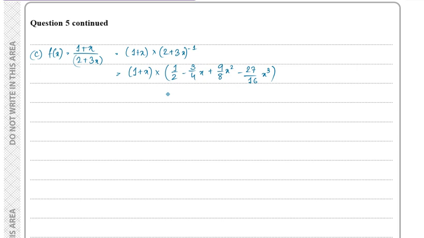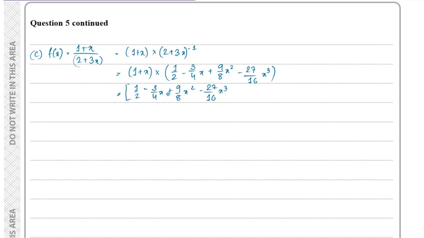So we need to multiply 1 with this expression and x with this expression separately. So when I multiply 1 with half, so this would be half, minus 1 multiplied by minus 3 by 4x would be minus 3 by 4x. 1 multiplied by 9 by 8x squared would be 9 by 8x squared, minus 27 by 16x cubed multiplied by 1 would be minus 27 by 16 x cubed.